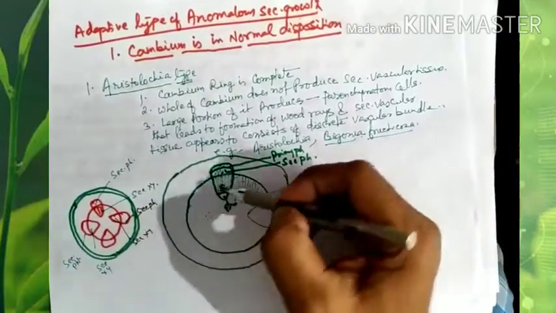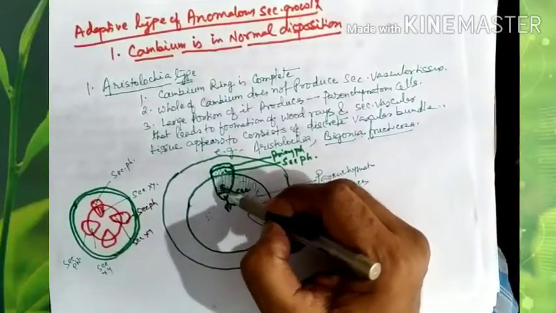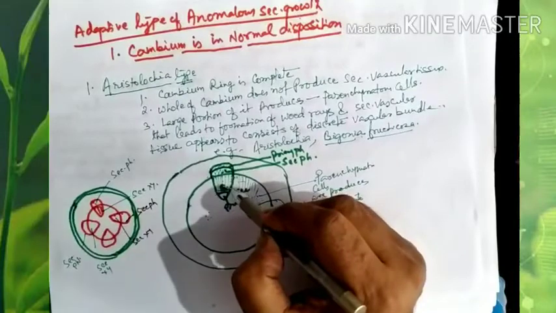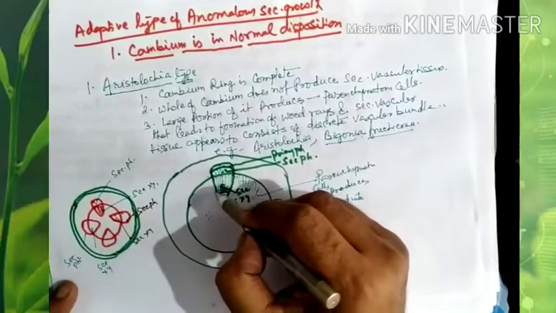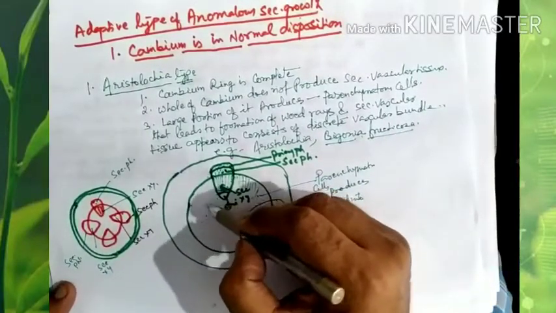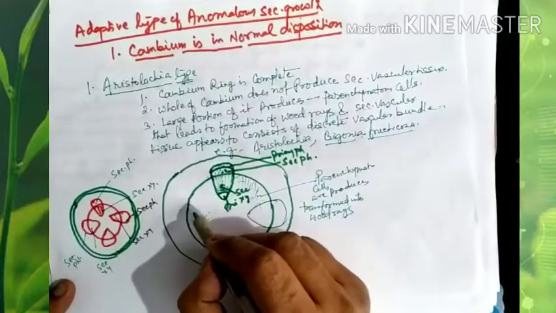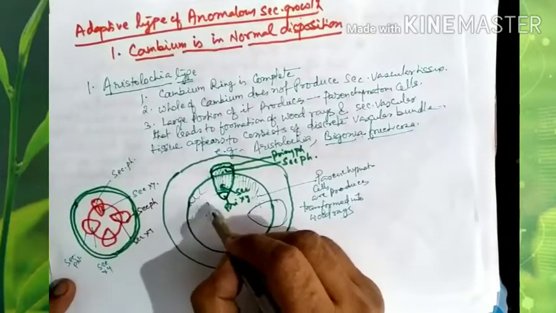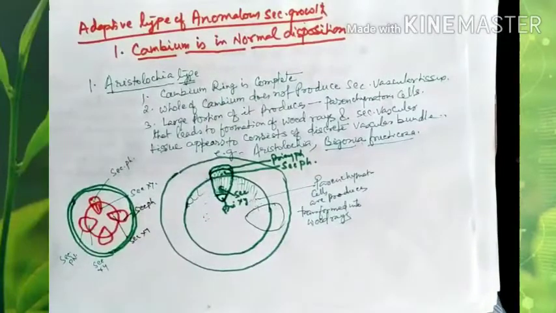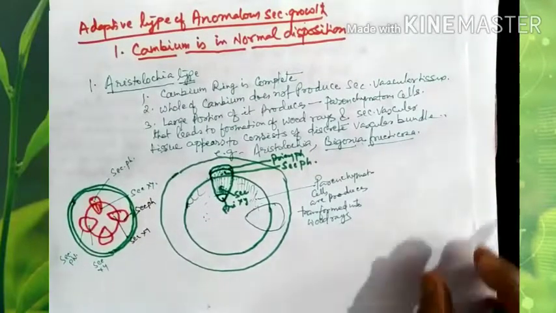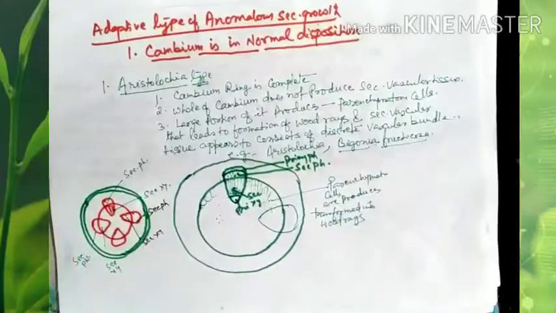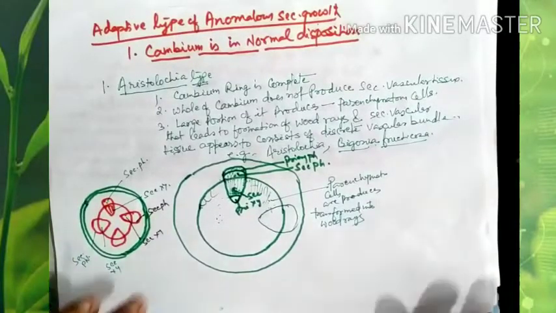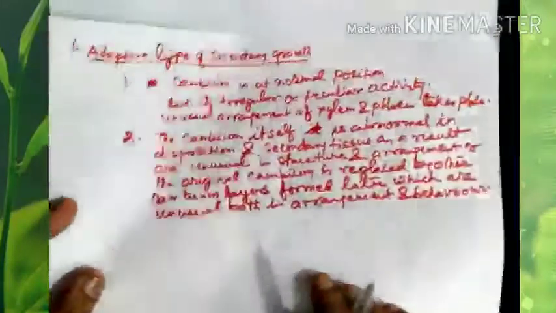Secondary phloem and xylem are formed in the primary vascular bundles, and in between the two vascular bundles only parenchymatous cells are produced, which later transform into wood rays. So this is the condition in the Aristolochia stem. Then we will see what the final structure is.